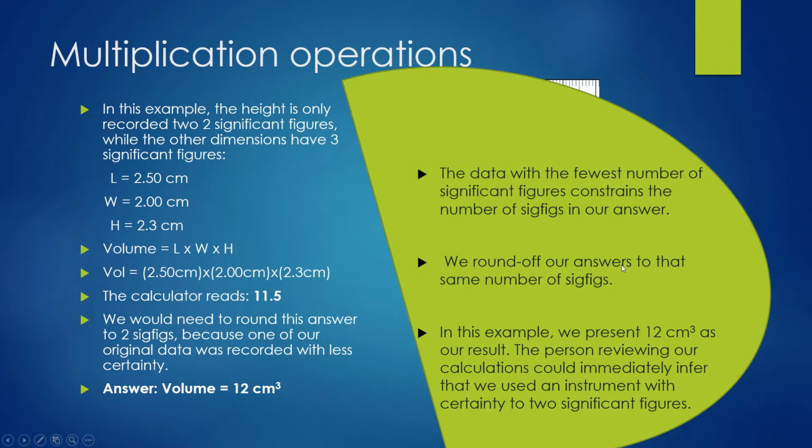So we round our answer off to that same number of sig figs as you see here. And in this example, we present 12 cubic centimeters as our result. That's important because the person who is reviewing our calculations could immediately infer that we used an instrument with certainty to only 2 sig figs, just by looking at our calculation.